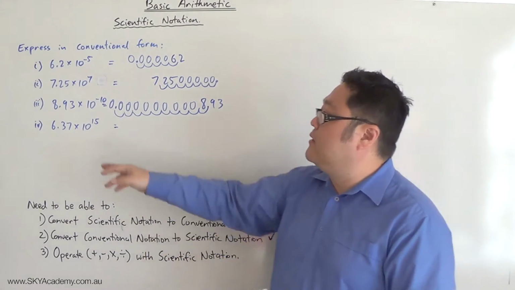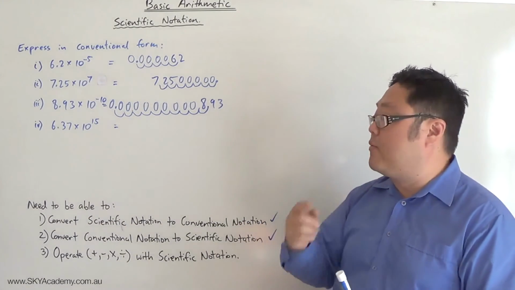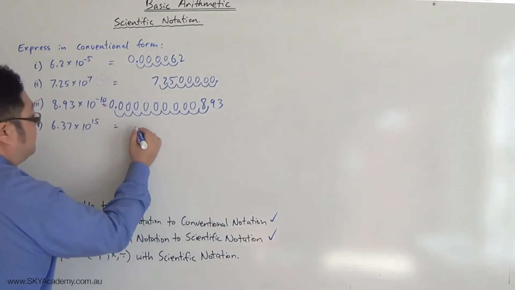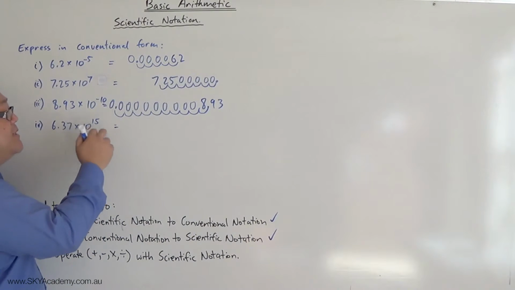All right? And just to labour the point, I'll do one more, which is 6.37 times 10 to the power of 15. I'll start on this side because we're going to add zeros to the right, because 15 is a positive number.